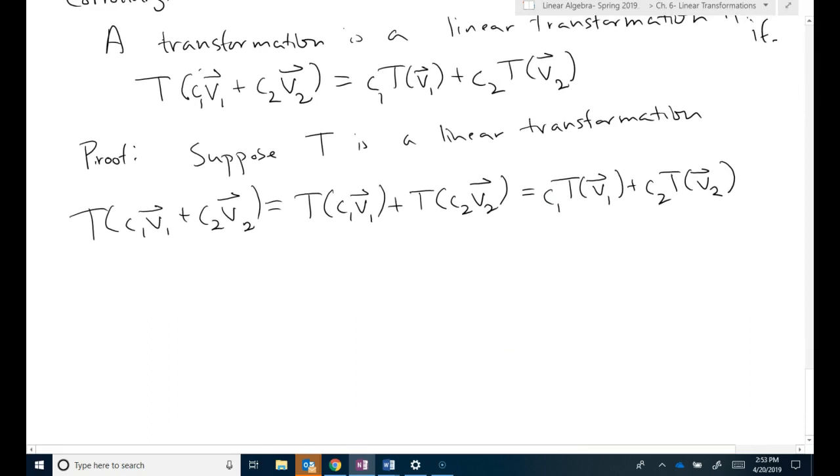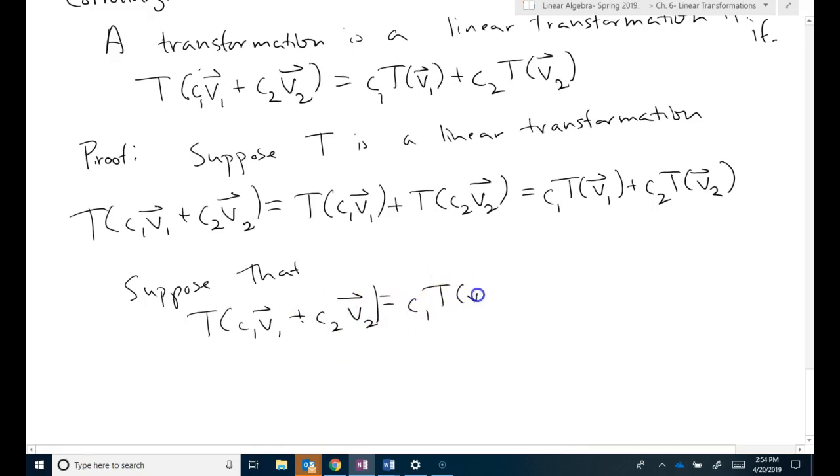Now, that's one way. Next, suppose that T of c1 V1 plus c2 V2 is equal to c1 T of V1 plus c2 T of V2.